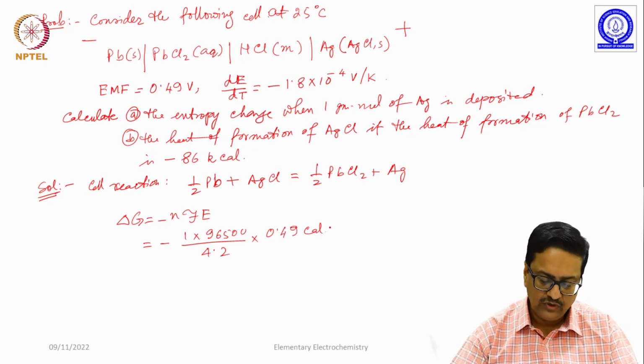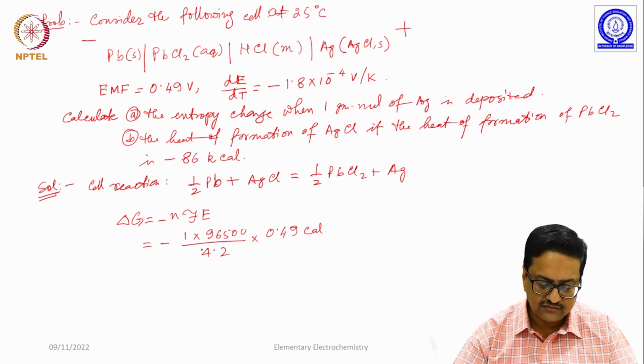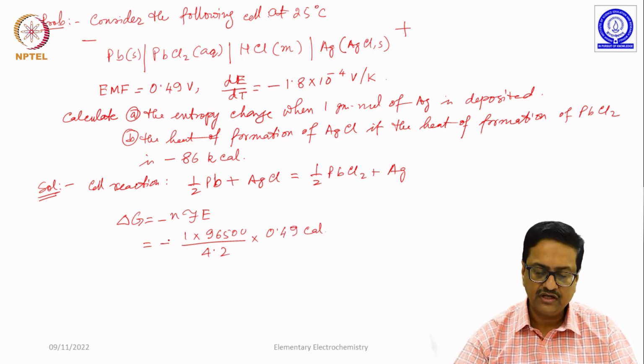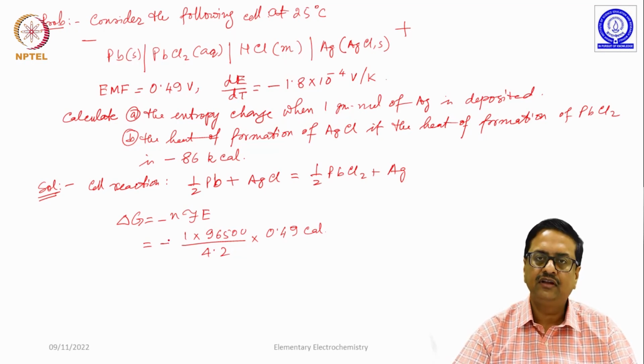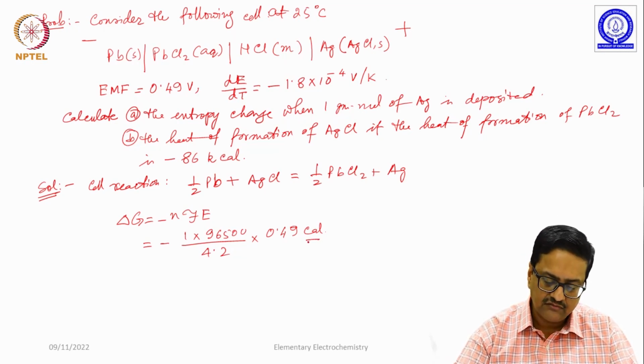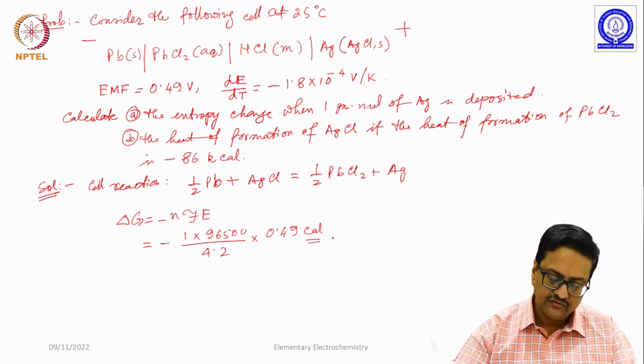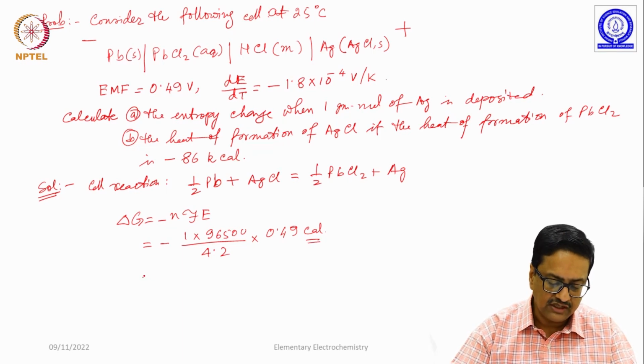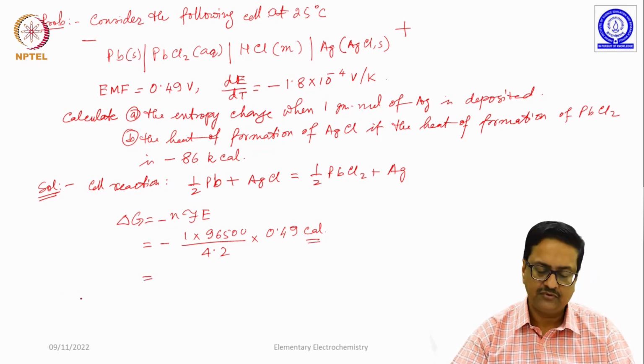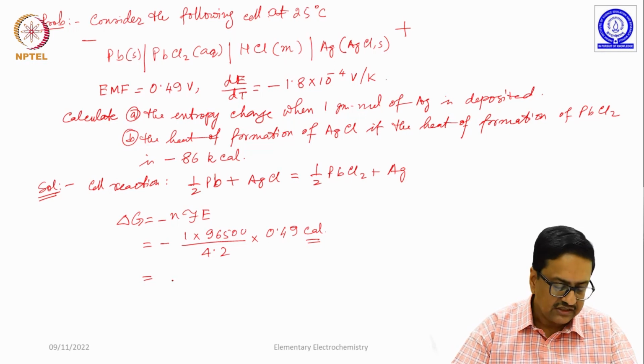Why are we dividing by 4.2? It is 4.2 joule per calorie, and we want the result in calorie. So, the value turns out to be minus 11.26 kilocalorie.